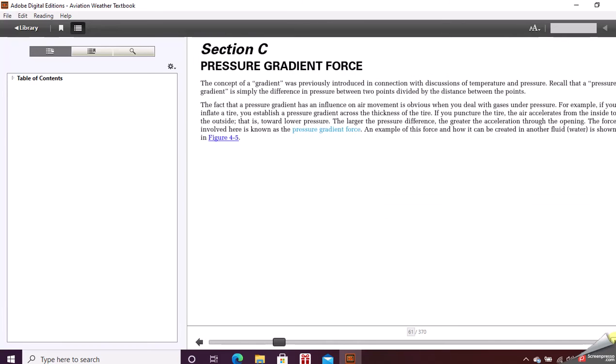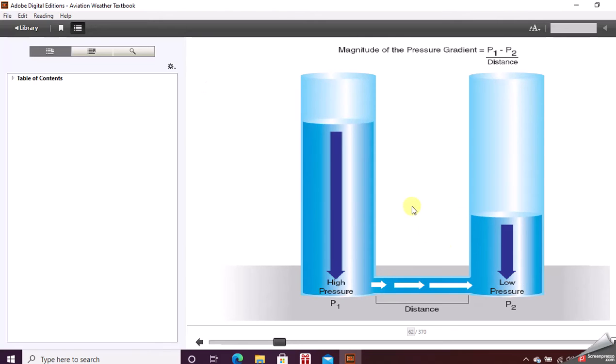So with that, pressure gradient, think about it. If you had a tub of water here, a pipe, and the other tub was just barely a little bit in it, where is the water going to go? It's going to go down from the one tub into the other tub, filling it up. That's the pressure gradient. If you look at the atmosphere, you see highs and low pressures all over the weather map. Think of it as the atmosphere does not want any high or any low pressure.